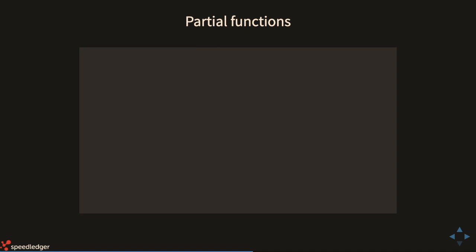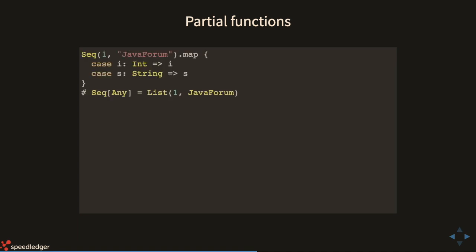Partial functions are functions that can be combined together to create something bigger. And a good reason to use partial functions is that you can match on different things, or if you have rule engines, you can add the different rules together. In this case, we have a list with an int and a string.